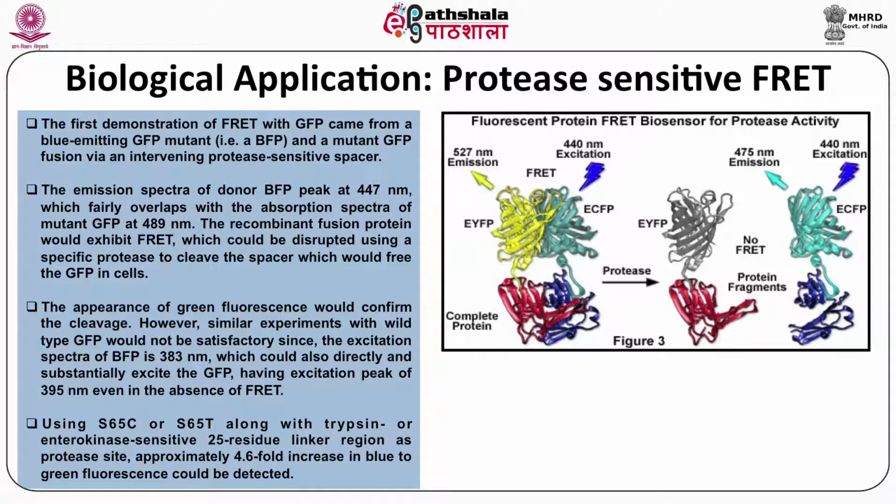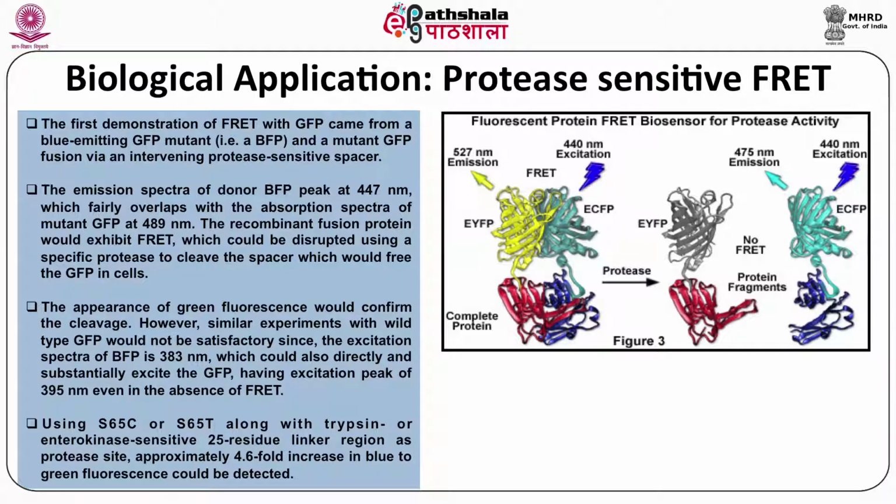The emission spectrum of blue fluorescent protein peaks at 447 nanometers, which fairly overlaps with the absorption spectrum of mutant green fluorescent protein at 489 nanometers. The recombinant fusion protein would exhibit FRET, which could be disrupted using a specific protease to cleave the spacer, which would free the GFP in the cells. The appearance of green fluorescence would confirm the cleavage.